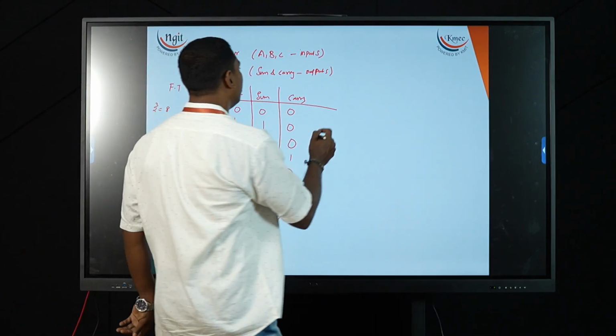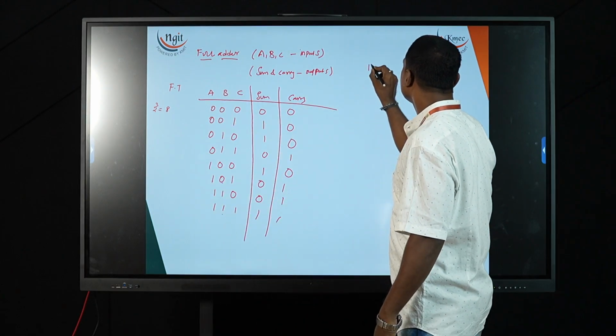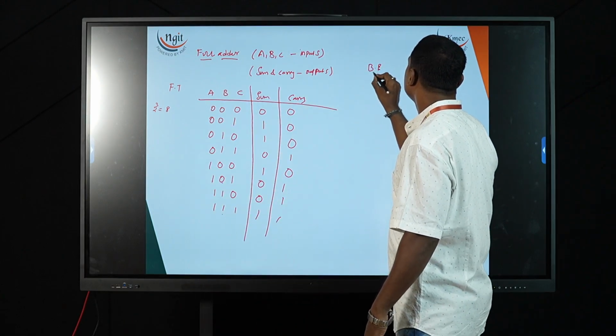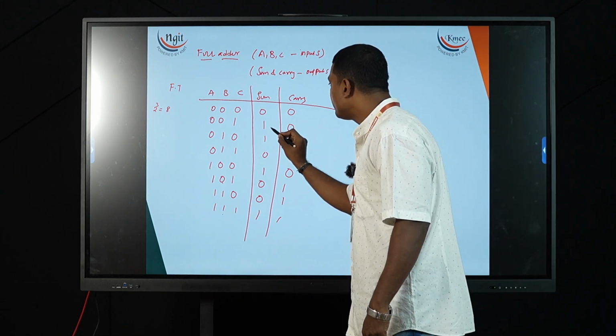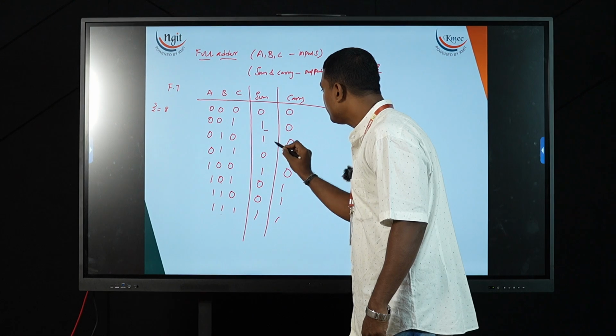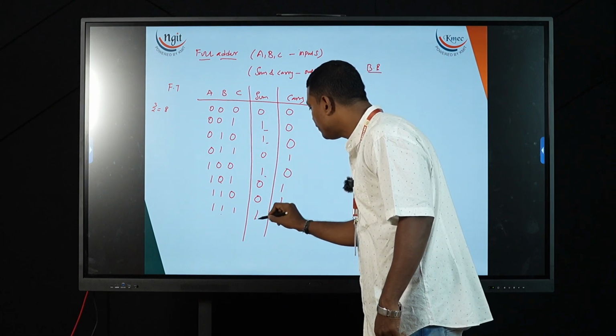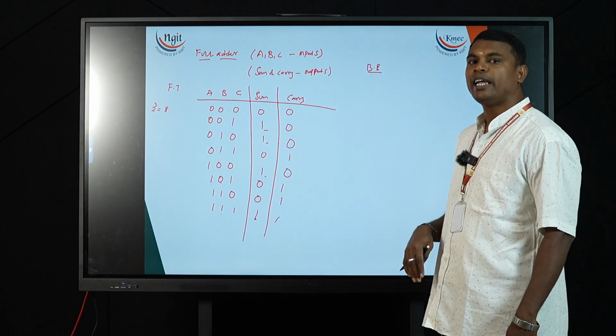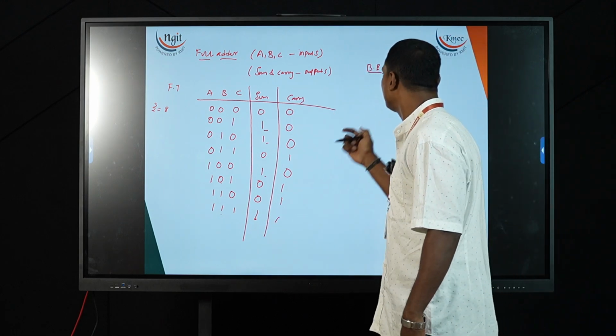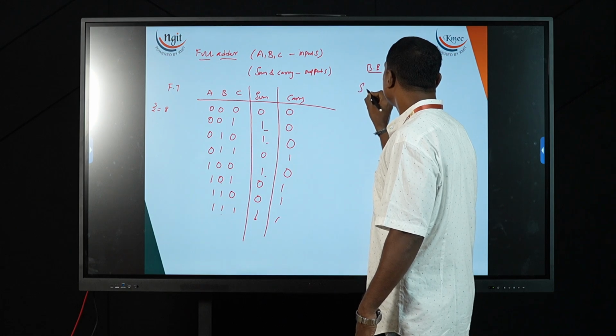Now coming to the Boolean expression for my full adder. If you observe, the sum values are 1 at this particular point: 1, 2, 3 and 4. So these four are the values which give me sum as 1. Let us represent all those values.